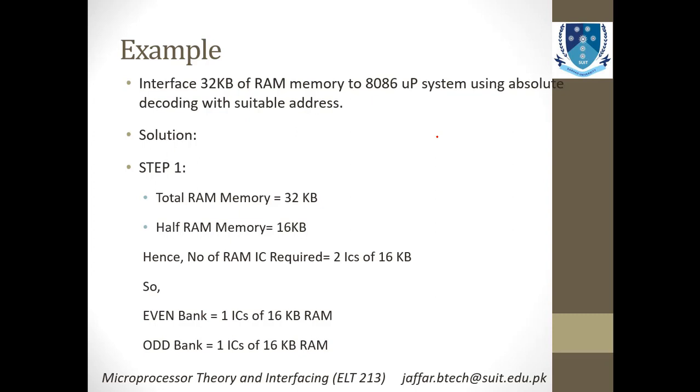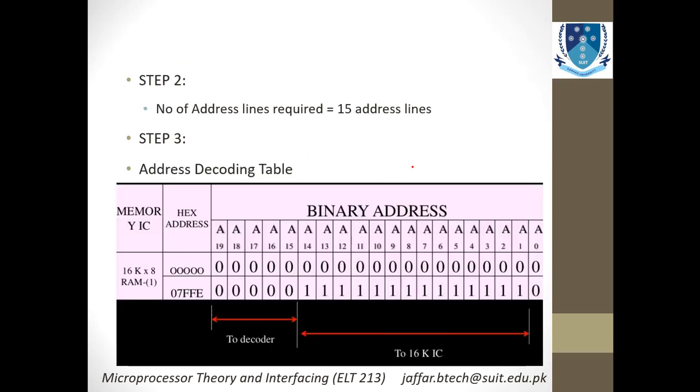It is given that the total memory is 32 kilobytes, and half of this will be 16 kilobytes. So you will require two ICs, each of 16 kilobytes. The even bank will be one IC of 16 kilobytes, and the odd bank will be one IC of 16 kilobytes of RAM. Both will be combined to form the total RAM of 32 kilobytes.